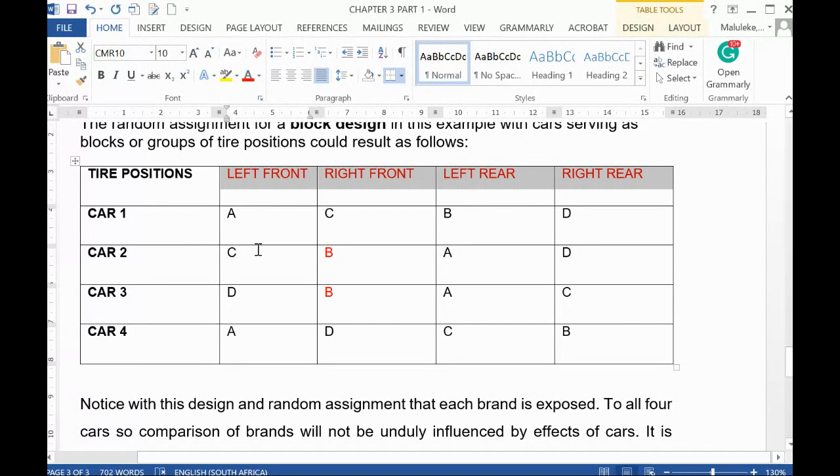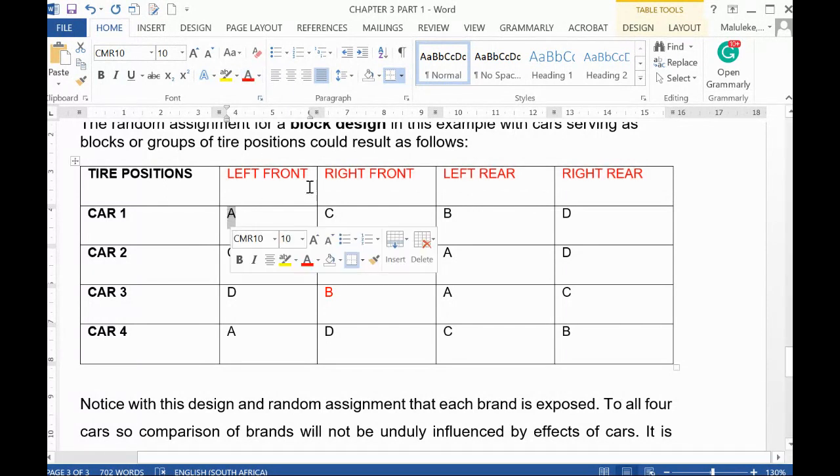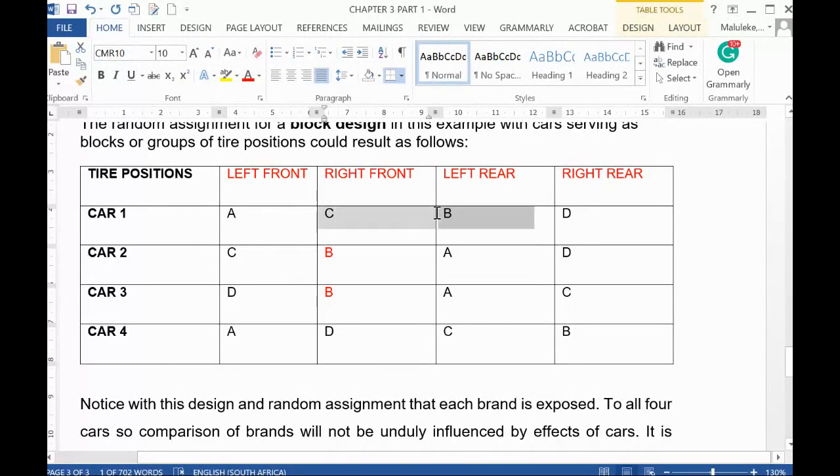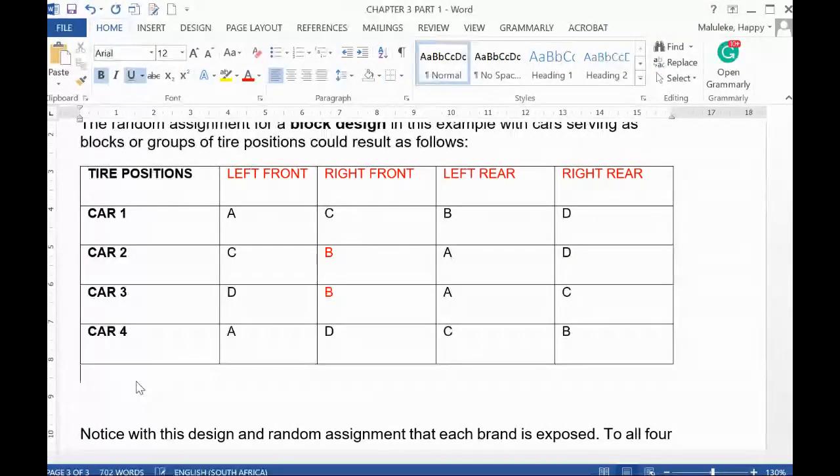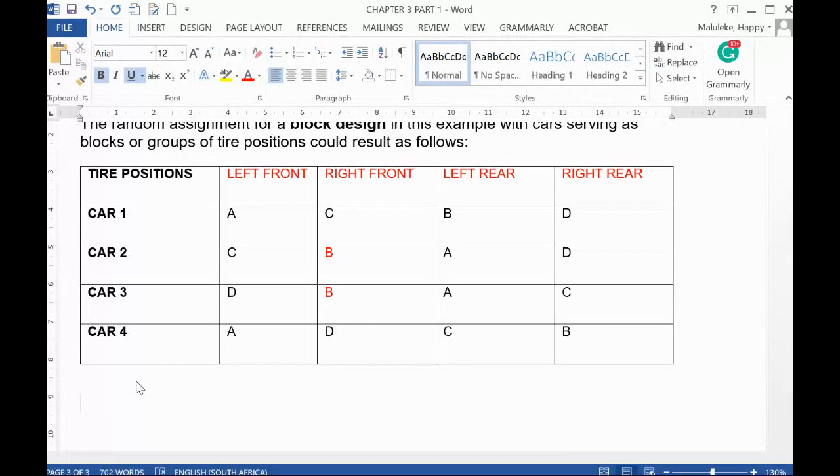The letters in each and every cell will represent the treatment. So in short, let's write it: row is equal to car, the type of car. This is the block, the first block.